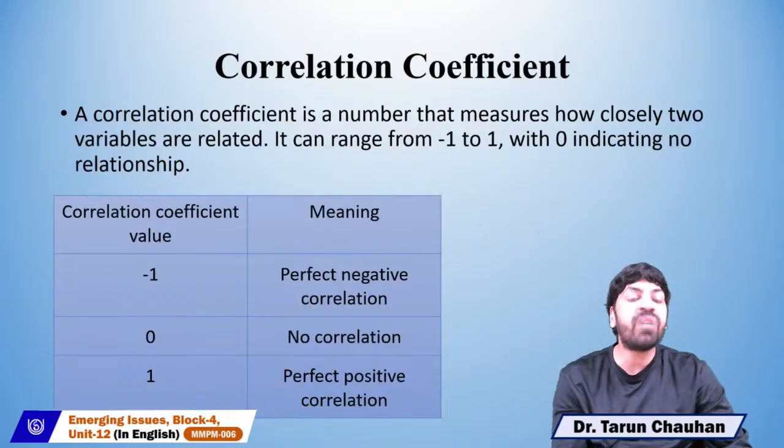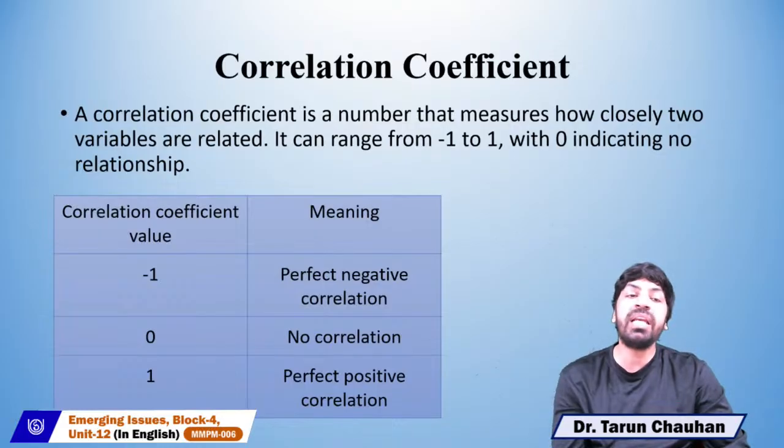So when the values fall within -1, 0, and 1, it indicates some type of correlation, or whether there is a relationship between the variables or not. When we talk about -1, it indicates a perfect negative correlation between two or more variables.